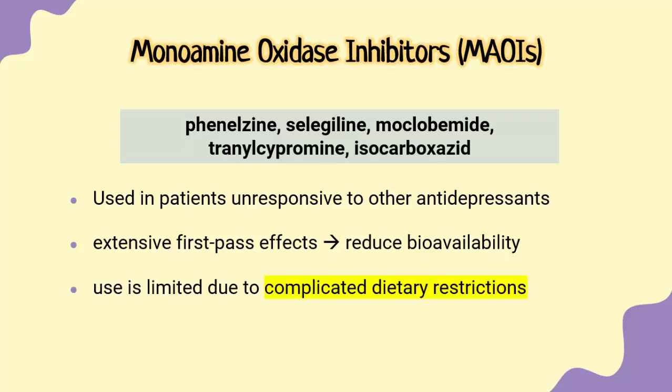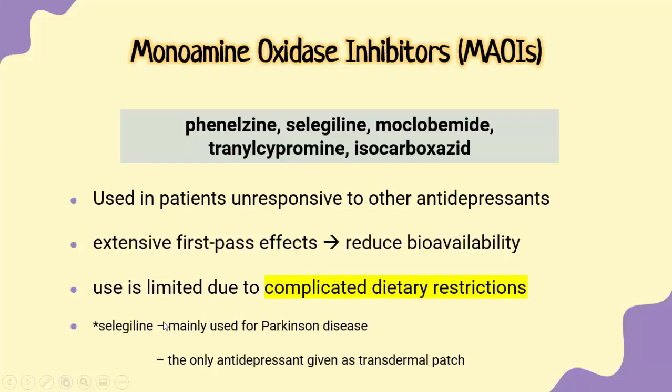Their use is limited due to complicated dietary restrictions. Patients taking monoamine oxidase inhibitors have to limit the intake of some types of food because it may interact with the drug. So your task is to find what kind of dietary restriction should be followed by patients consuming monoamine oxidase inhibitors.